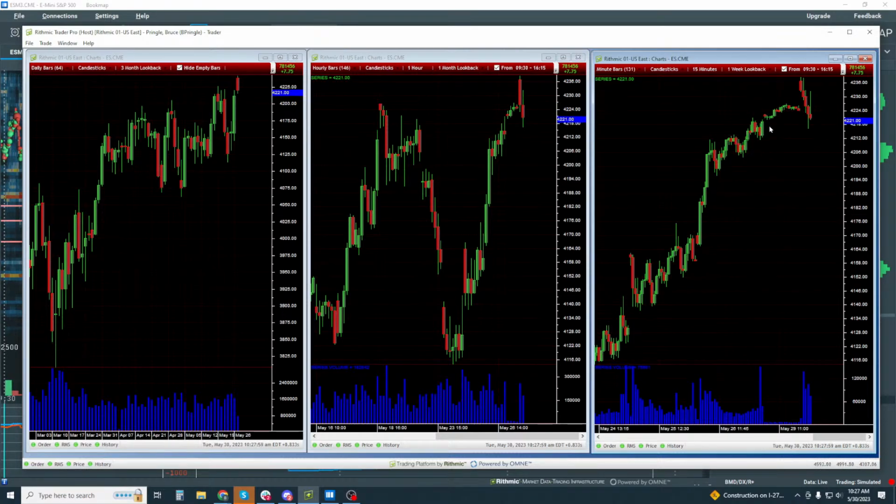Now see again, where did the buyers come in? We can look at these charts as well, and start to understand that, and that's when we can look at the order flow and put the pieces together. So for example, it's this candle in here, and then a move higher.